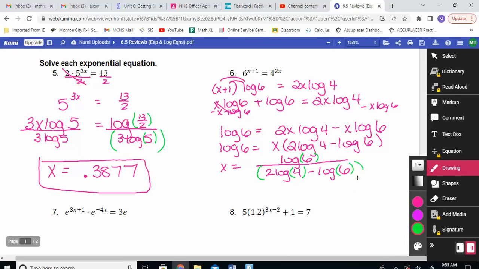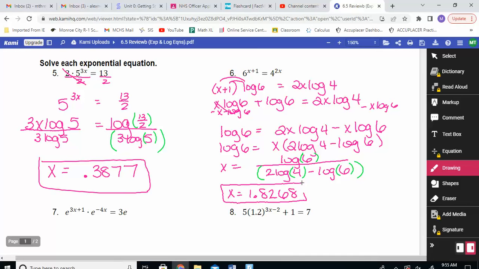You also need an extra set around the entire denominator because it has multiple terms. So far, so good?